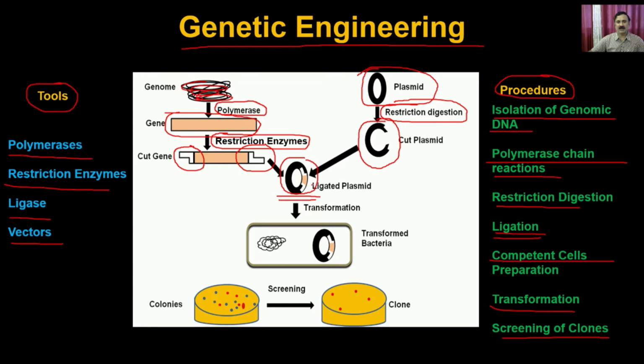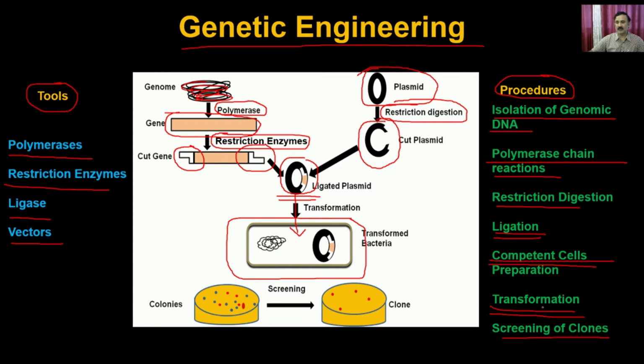Now this chimeric DNA has to be transformed into the host of your interest. In this case, for example, we have taken bacteria, and you are going to transform the bacteria with this chimeric DNA. For that, you prepare competent cells and do the transformations.